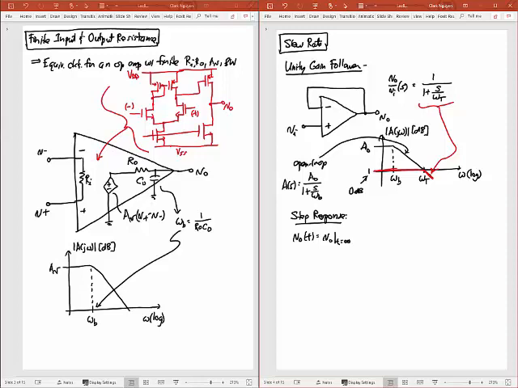So that would be the final voltage that this would be at infinite time, minus V0 at t equals 0. So the difference between the infinite magnitude and what it was at 0 time, times e to the minus t over tau.